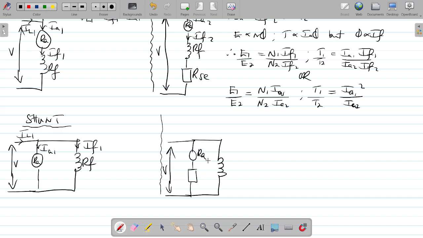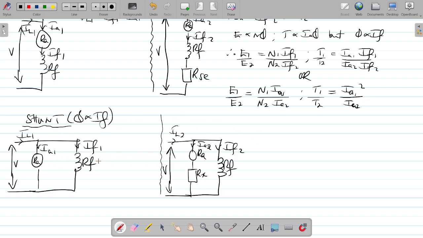So this is RA, we can say this is RX, and then this is RF. So in this case I have IL2, I have IA2, I have IF2. We are only discussing flux being proportional to the field and the formulas for EMF.